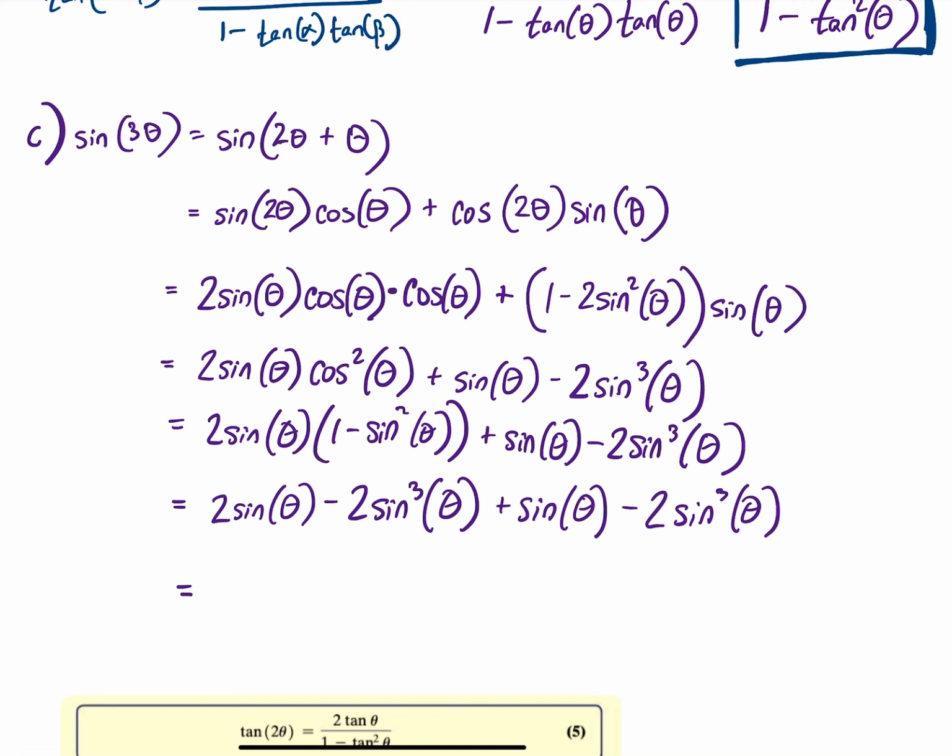Then we can combine all of our like terms. It looks like we have 2 sine theta plus sine theta, so that will become 3 sine of theta. Then minus 2 sine cubed minus another 2 sine cubed. So those will combine to become minus 4 sine cubed theta.